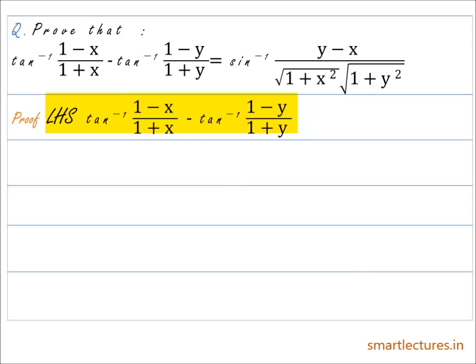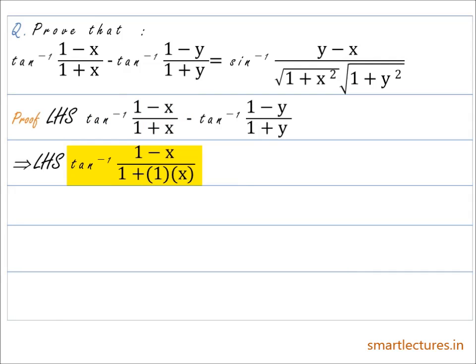And now tan inverse 1 minus x upon 1 plus x can be also written as tan inverse 1 minus x upon 1 plus 1 into x.